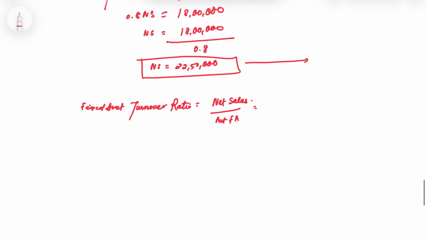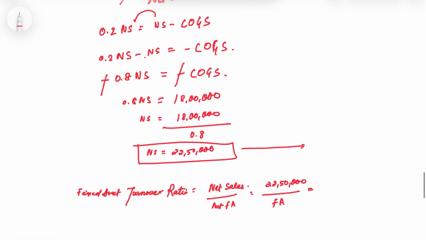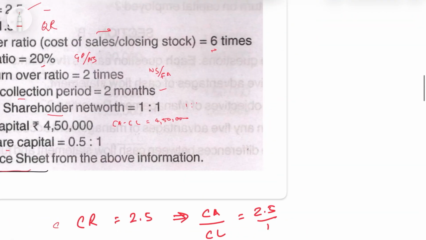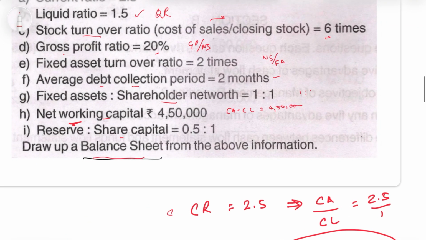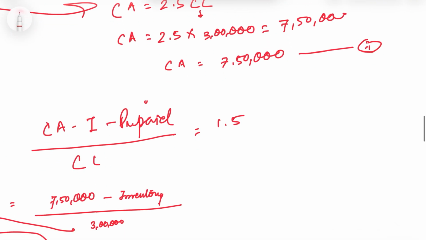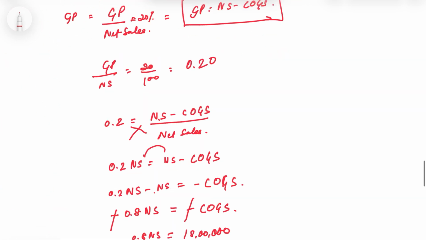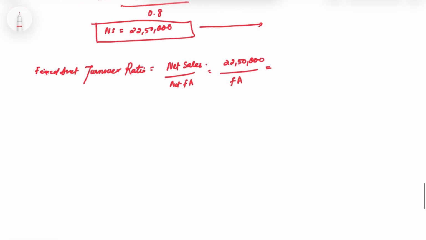Net sales is 22 lakh 50,000 divided by fixed assets, and the ratio is 2 times, so it is equal to 2.